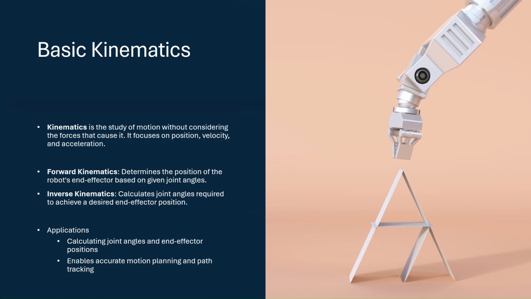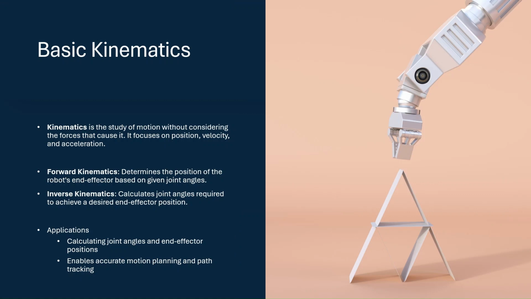So before we can get any deeper into how OP3 can follow the line, we must first know a little bit about basic kinematics. Kinematics is the study of motion without considering the forces that cause it. It mainly focuses on position, velocity, and acceleration.